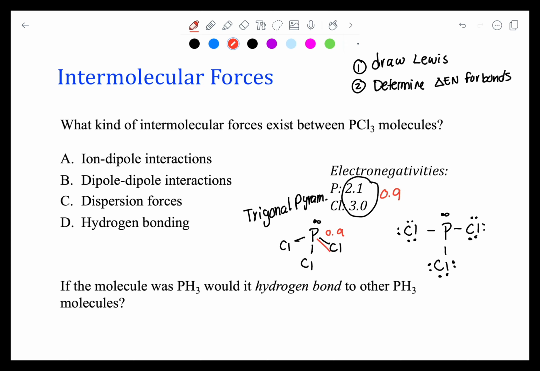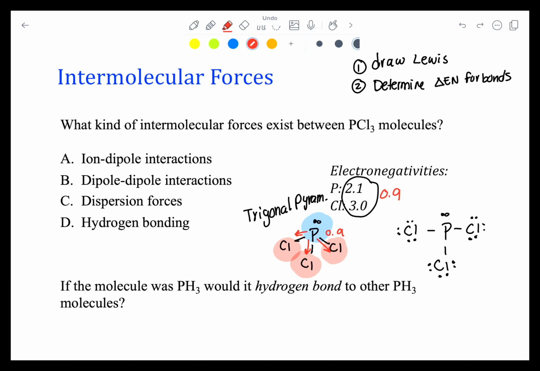The electrons are being pulled towards the chlorines. So those chlorines have a lot of negative around them, meaning that phosphorus in comparison does not. So we have a polar molecule.